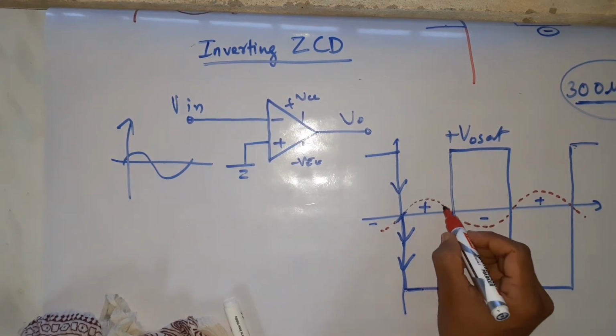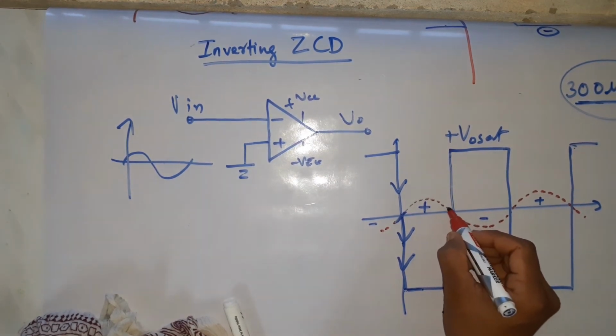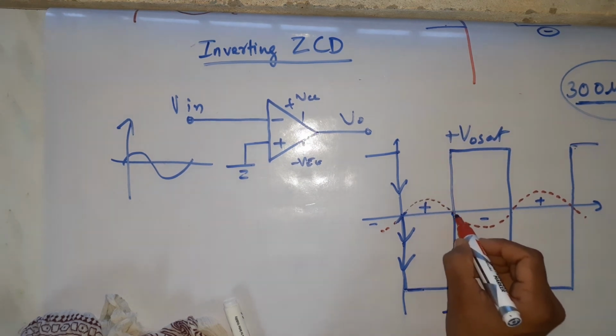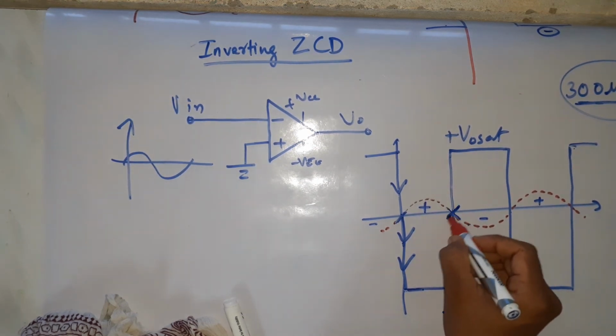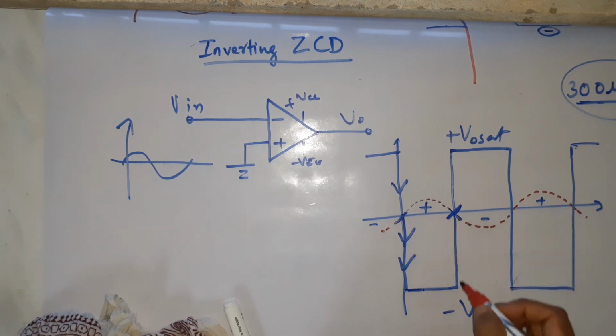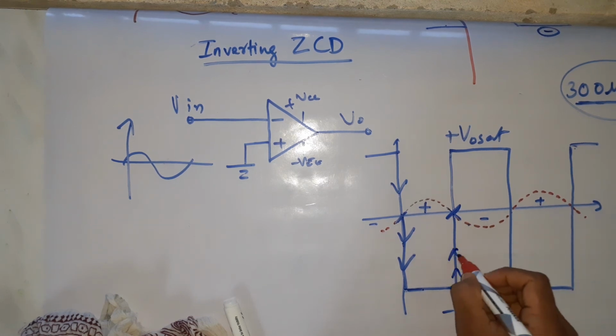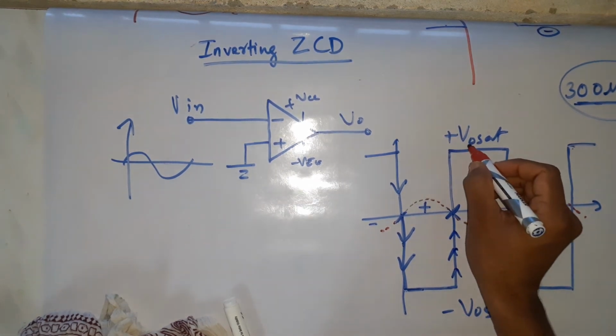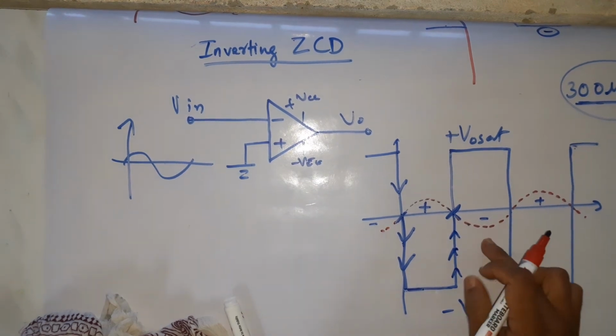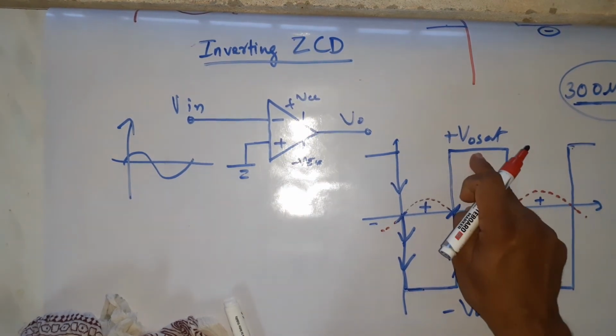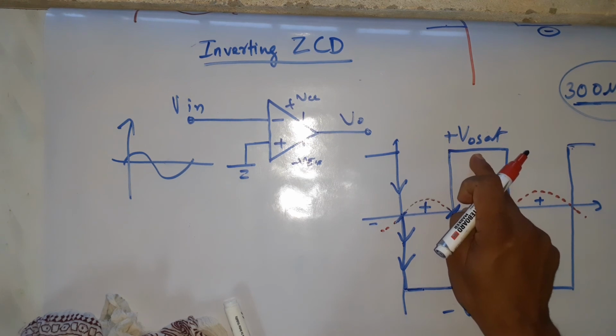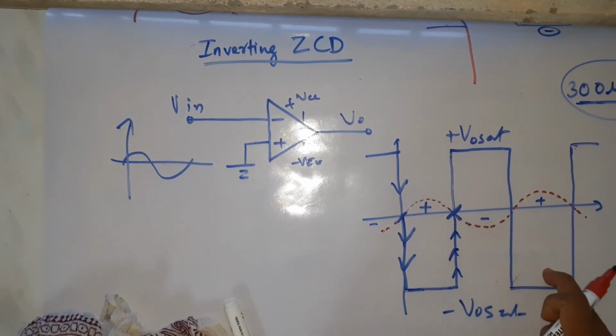Similarly, when your input crosses from the positive region into the negative region, at this instant your output shifts from minus V naught sat and settles at plus V naught sat. So see here, for negative input you have positive output, and for positive input you have negative output. Why is this?